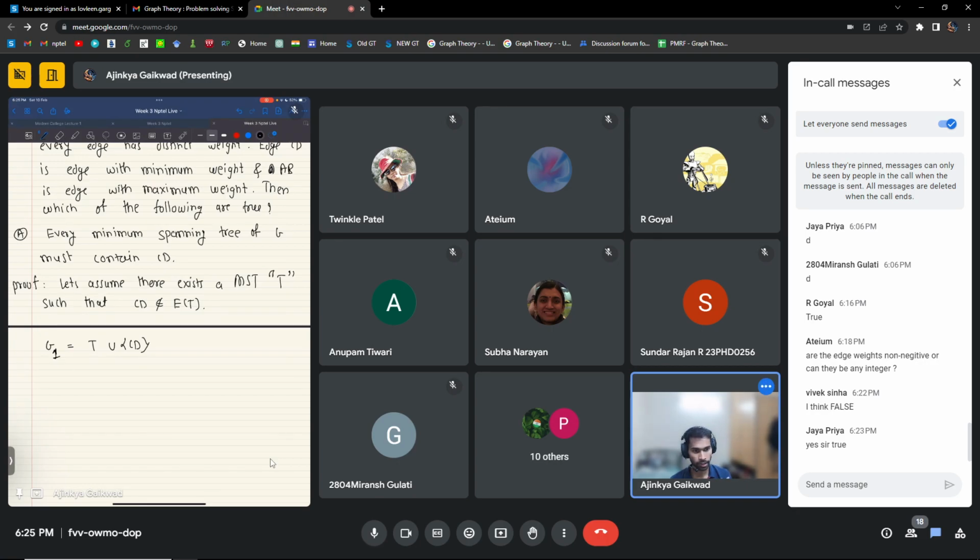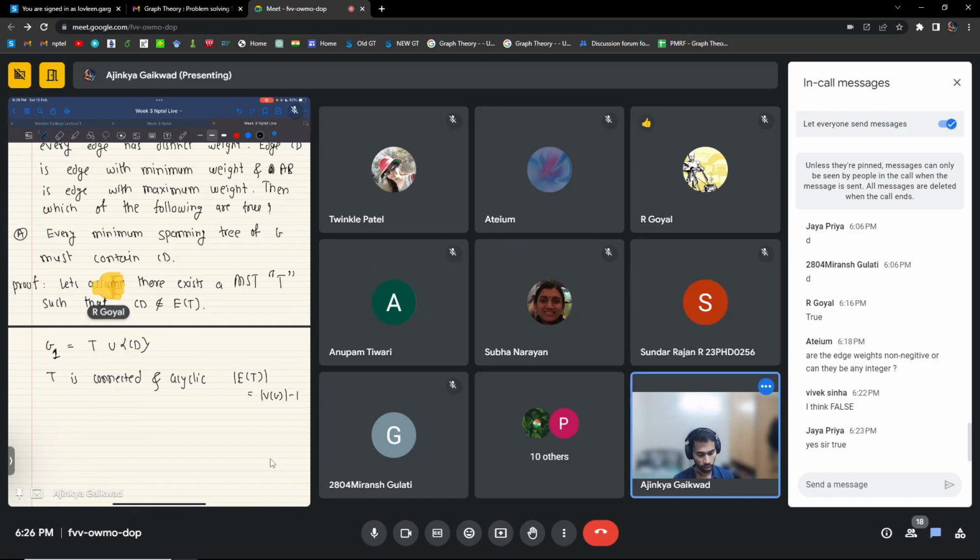Okay. Now, when I had T as a minimum spanning tree, clearly the graph T is acyclic and connected. Why? Because it is a minimum spanning tree. So T is connected and acyclic, and the number of edges in T is how much? V of G minus 1. So till this point, is there any doubt? No. Okay, great.